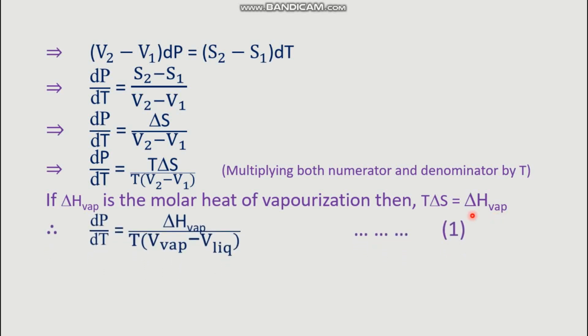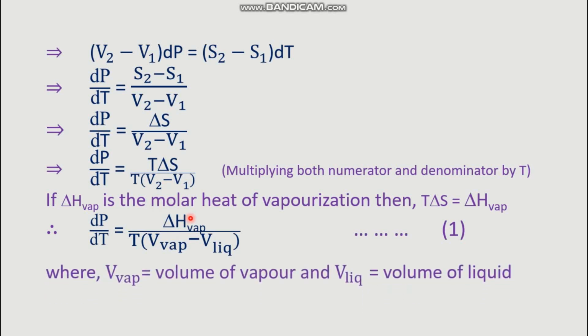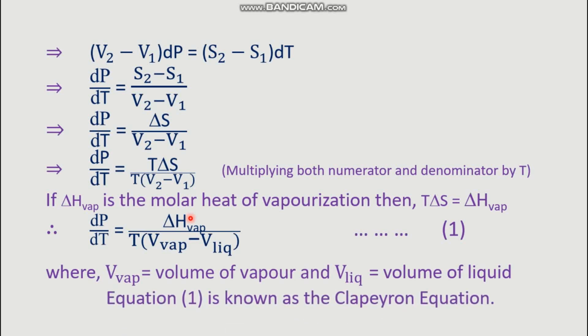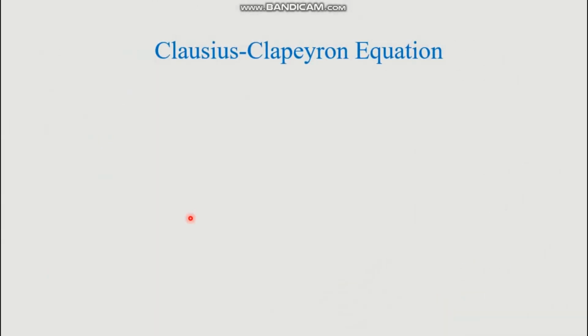So if we do so, then we get equation number 1, where V2 is the volume of the vapor while V1 is the volume of the liquid, so that this enthalpy term is nothing but the molar enthalpy of vaporization. So the terminology is written here, and equation 1 is known as the Clapeyron equation.